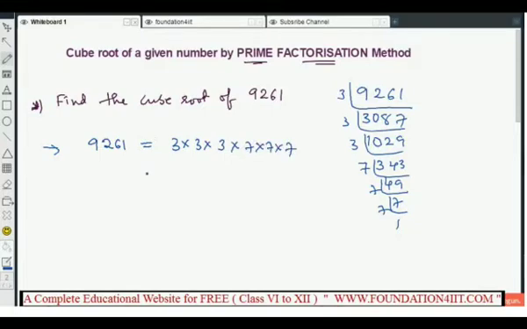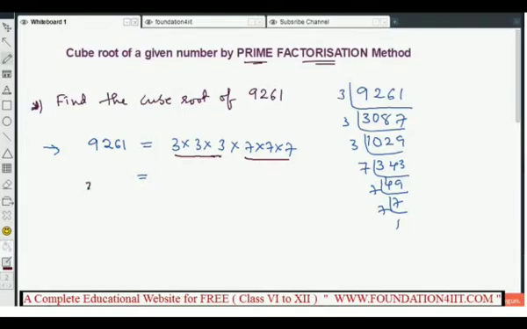If you multiply again you'll get 9261. So we write 3 3 3 as one set. Resolve into prime factors, then make a triplet of each number. So 3 occurs 3 times and 7 is 3 times.